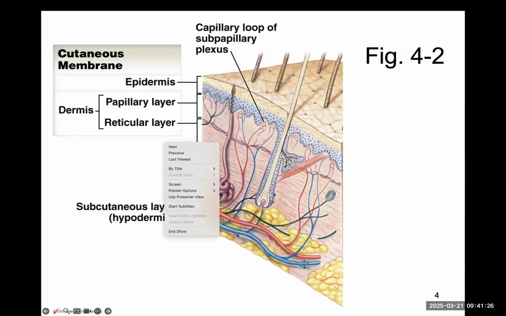We did talk about this before. And then the subcutaneous layer is the hypodermis, whatever is underneath. Depending on whether you've got fat, muscle or bone, it could be different kinds of things.